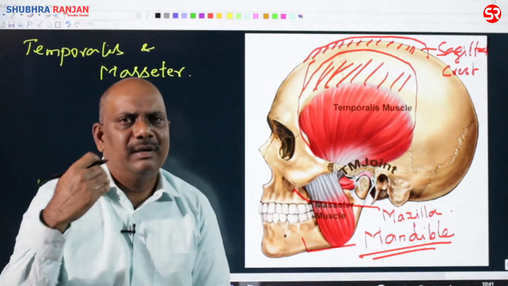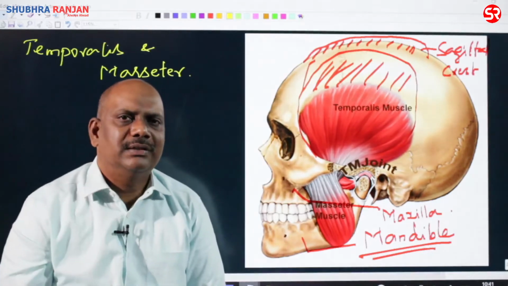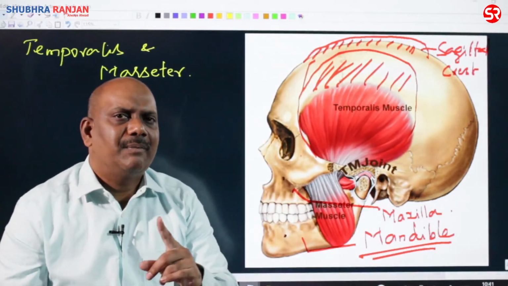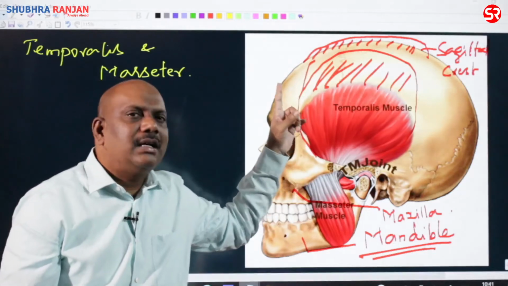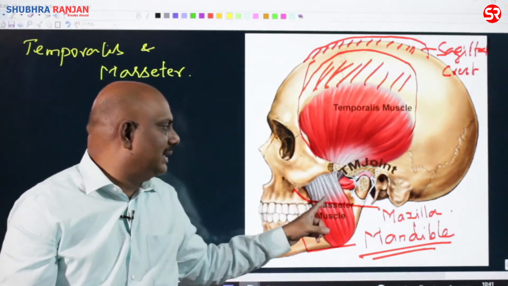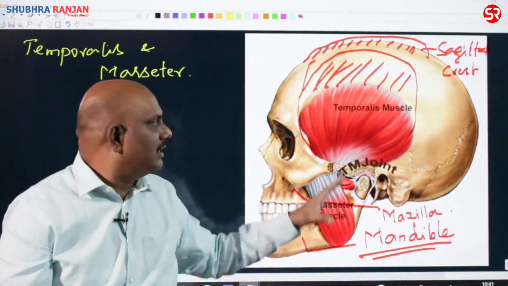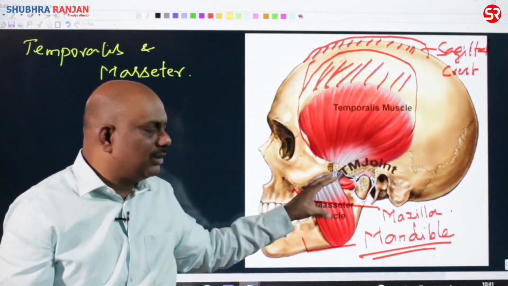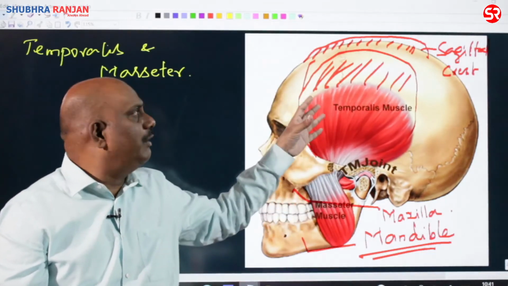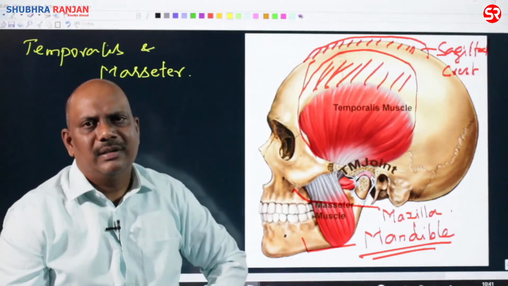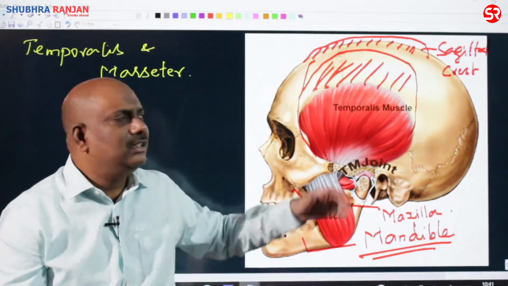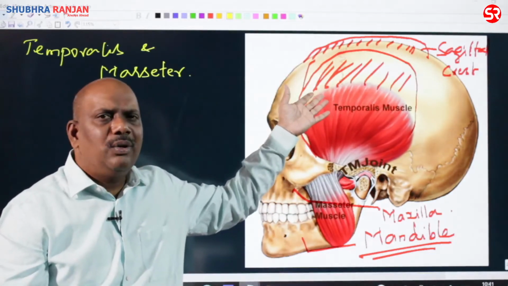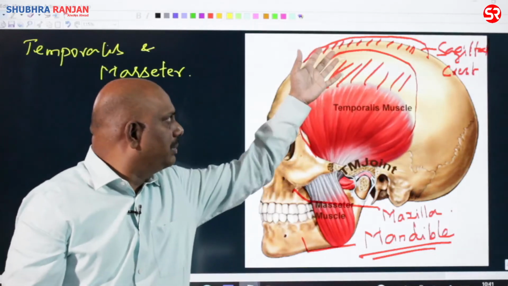So in the course of evolution from the time of Homo erectus, the need for a greater temporalis and greater masseter declined. As a result, they became smaller and smaller, and there was no need for the sagittal crest to be there, because these muscles are not going to extend up to this place to get attached.